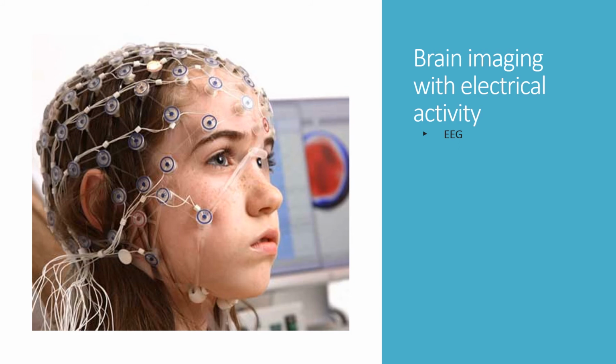So EEGs measure this electrical activity through electrodes that are attached to the scalp, just like you see in this image here of this young girl. Small electrical charges that are detected by the electrodes are then graphed over a period of time. And this is then indicating the level of activity in the brain.